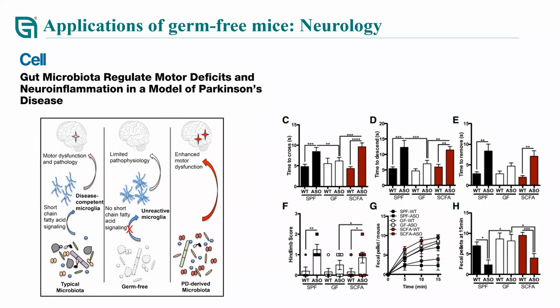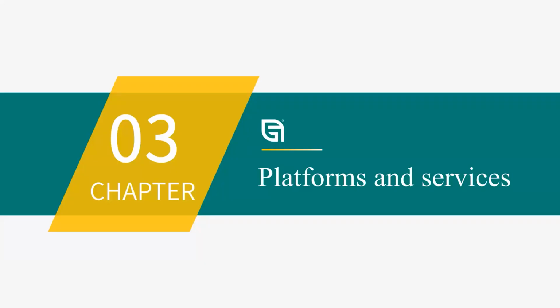They also found that after colonization of microbiota derived from Parkinson's patients into germ-free mice, the motor dysfunction was enhanced. To sum up, germ-free models are used in many research areas nowadays, and the usage of germ-free mice in microbiome research can definitely add to the credibility of our research paper. So this is the second part, on the applications.